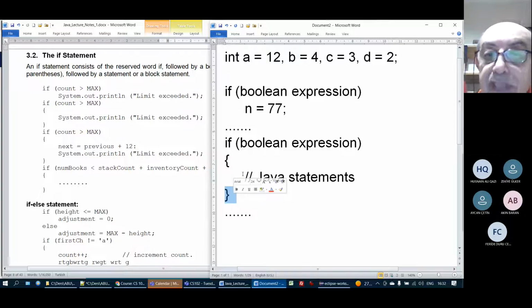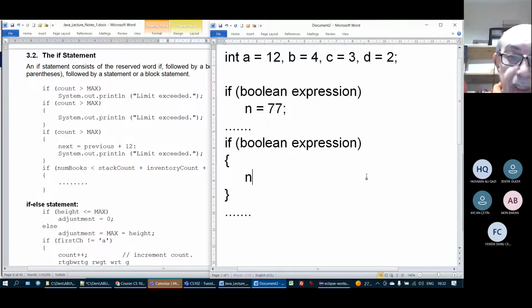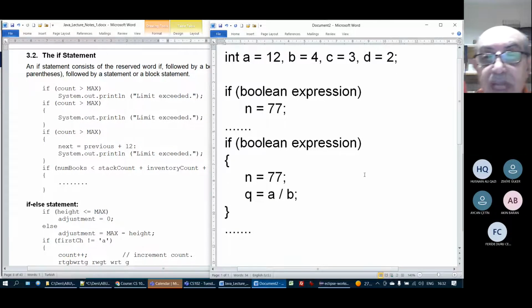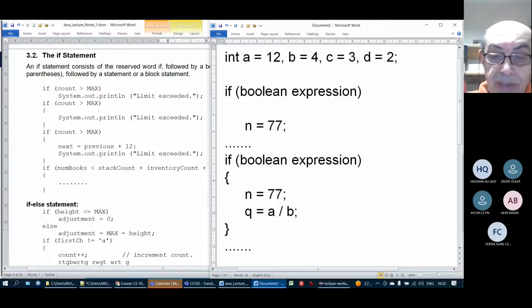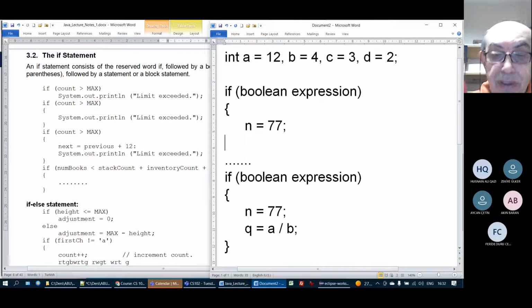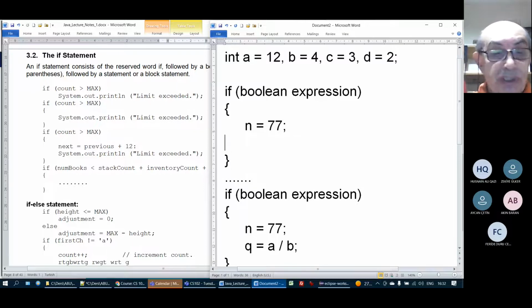But if there are multiple statements, for example, n is equal to 77 and q is equal to a divided by b, you must put curly braces. When I write Java programs, even if there is only one statement after if, I still put these. So if later on I want to add a new statement, I just open a new line here and add the new statement. Okay.